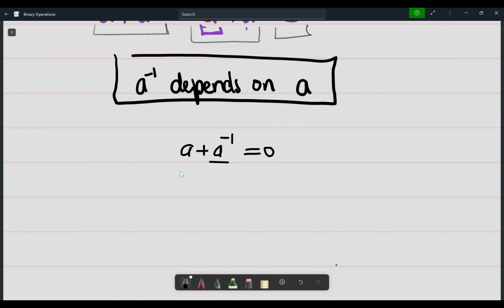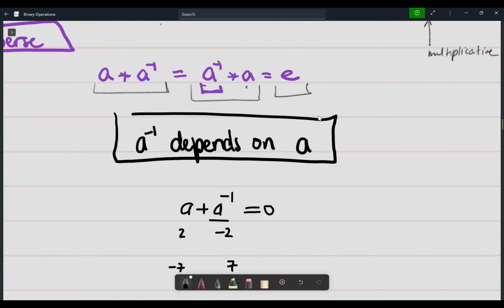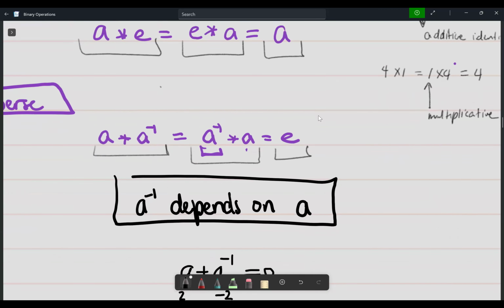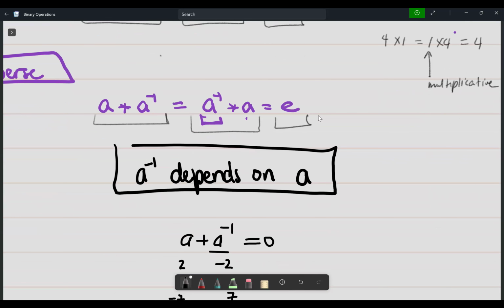So if A is 2, A inverse will be -2, and if A is -7, then A inverse will be +7. So you realize that A inverse depends on A. It is not like the identity, which is always set in stone like 0 or 1. Instead, A inverse will be some value dependent on A itself.